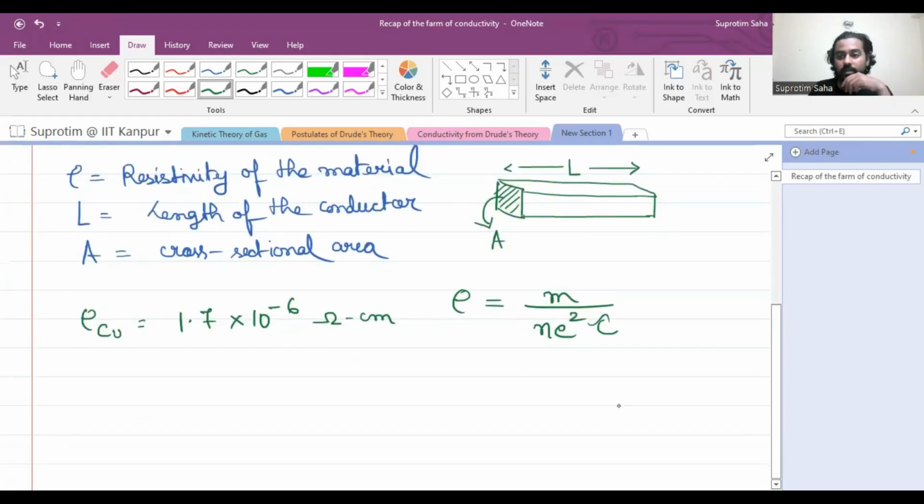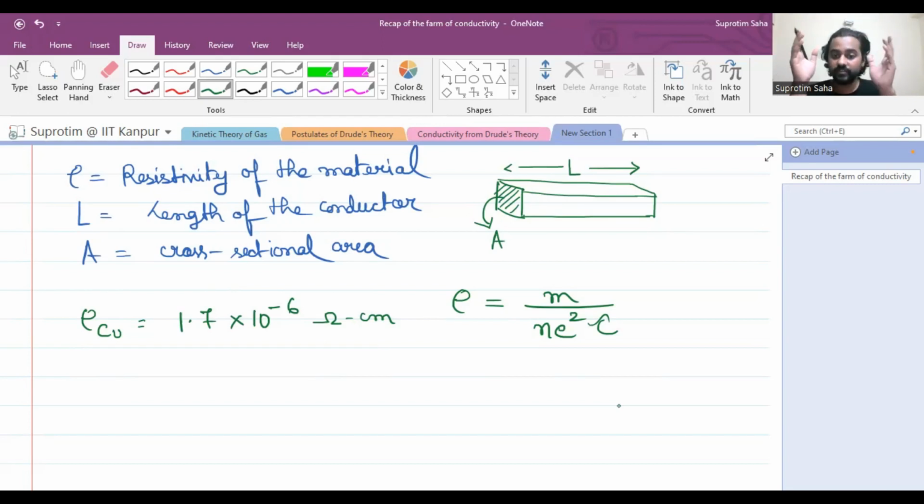Now we have to have an estimate of the density of the charge carriers in copper, and from that we can have an estimate of the mean time scale between two successive collisions, which is tau.